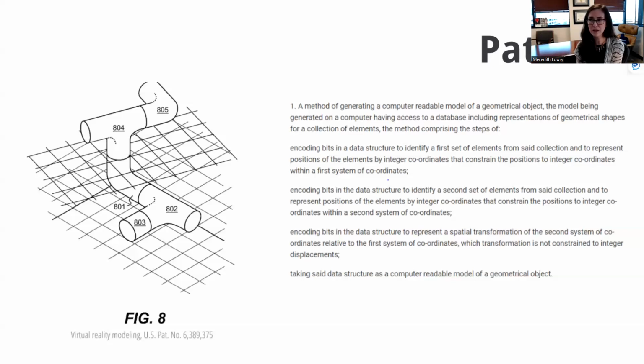So a dependent claim would be like this claim, a method, and then it would say the method of claim 1, including also taking the data structure and adding something else to it. What is infringed are the claims, and what is examined is the claims. So when we look at those, it's one long run-on sentence.